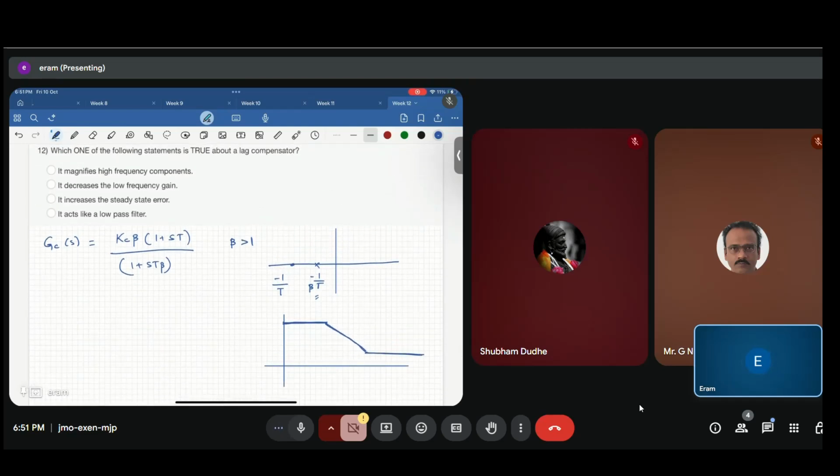Okay, so what can you comment about the low frequency and high frequency region? This is for the lag compensator, and let's also draw it for the lead compensator, and it was like this. So this was about the lead compensator.